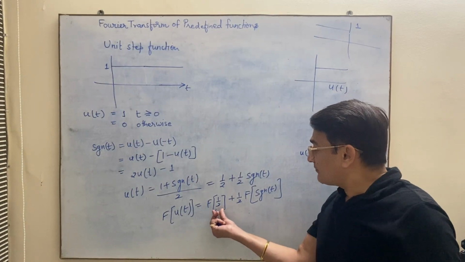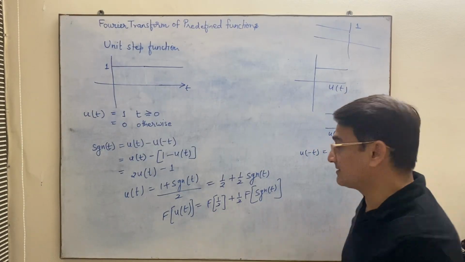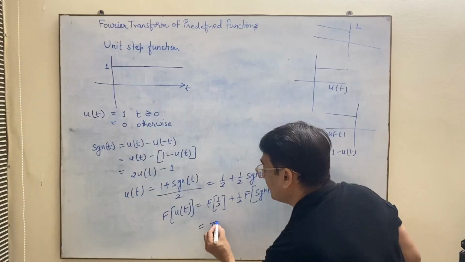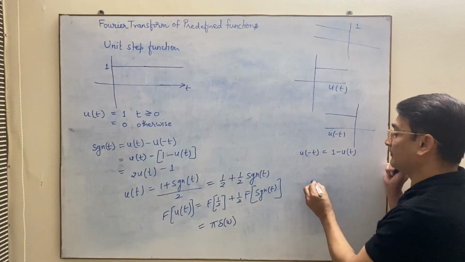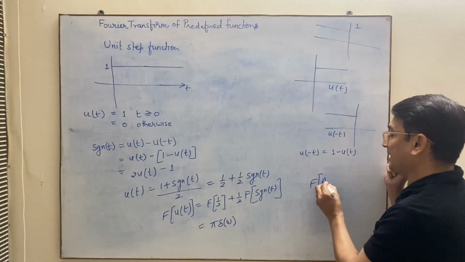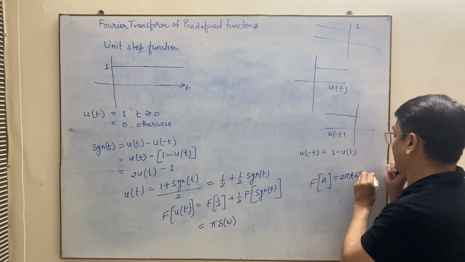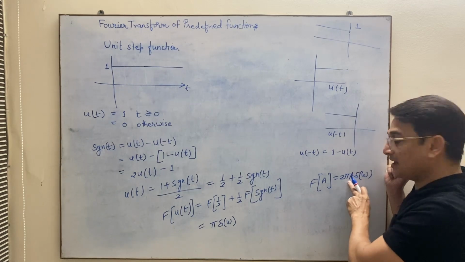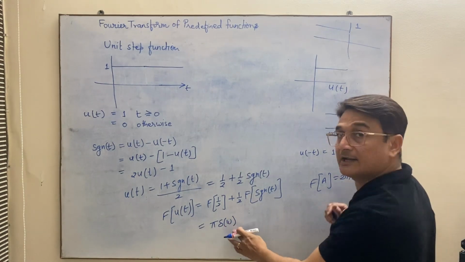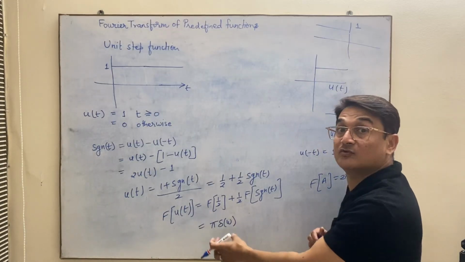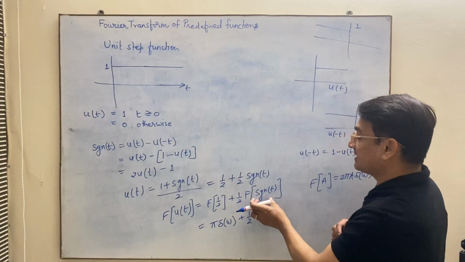For your reference, the Fourier transform of a is 2 pi a delta omega. Now instead of a, if you write 1 by 2, the 2 and 2 get cancelled, and the remaining part is pi delta omega. So this is the Fourier transform of the constant 1 by 2.